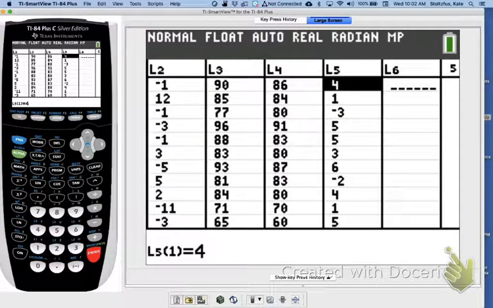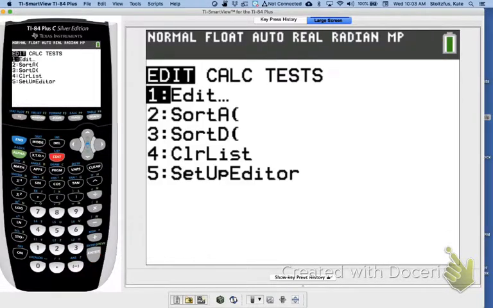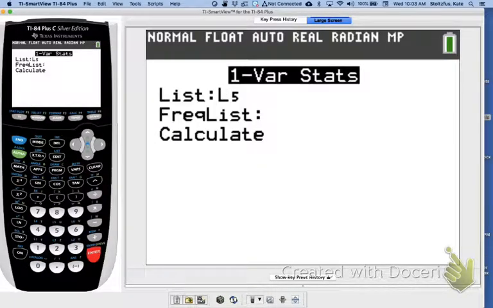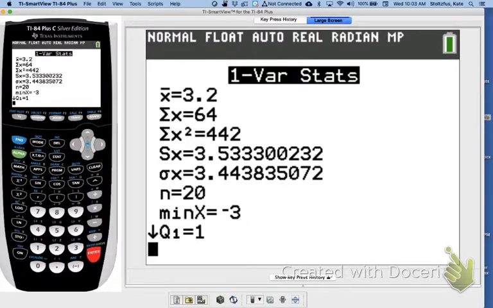I can run my one variable stat to get an idea of, is there a difference already? Just to kind of get a sense of what it is I'm looking at. So my one variable stat of L5 is showing me that right now the mean of the sample difference is 3.2 and that standard deviation is 3.533 right here.